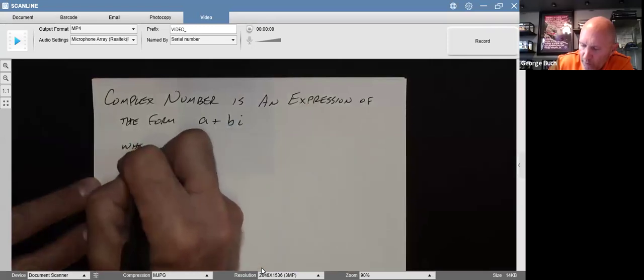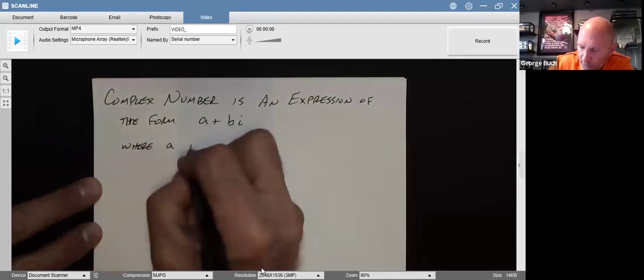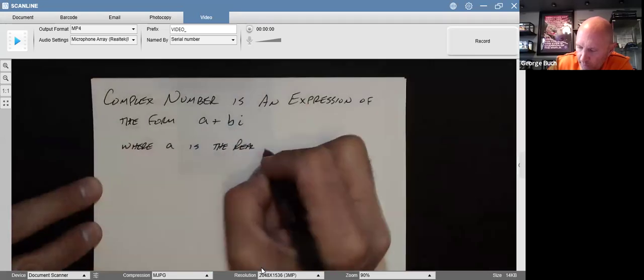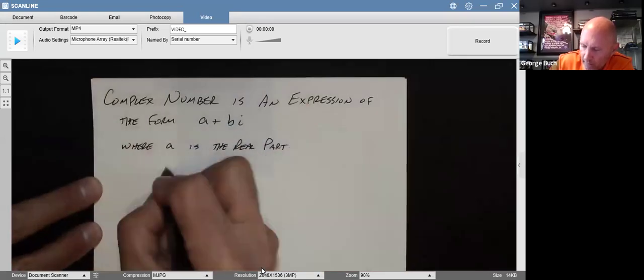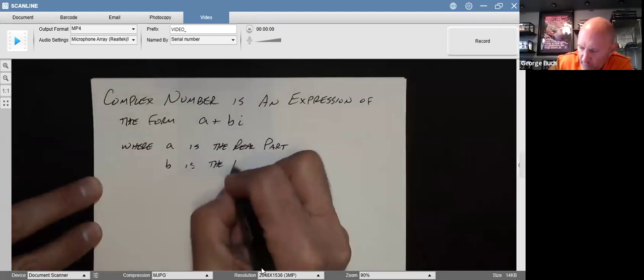We have two parts of this. We say that a is the real part, so all the numbers we've been dealing with up until this point, and b is the imaginary part.